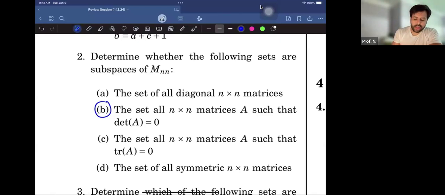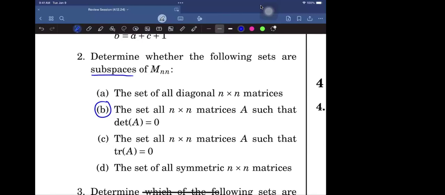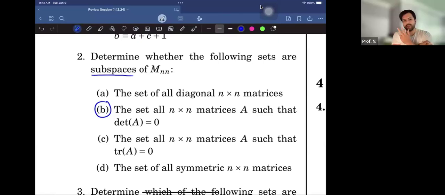The set of all n by n matrices A such that the determinant of A is 0. Now, what does it mean to be a subspace? It has to satisfy all three of the conditions, right? What are the three conditions?